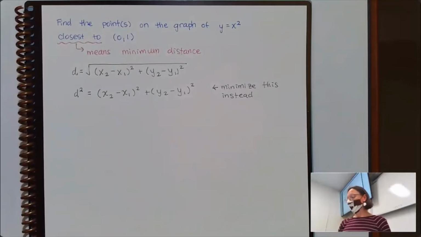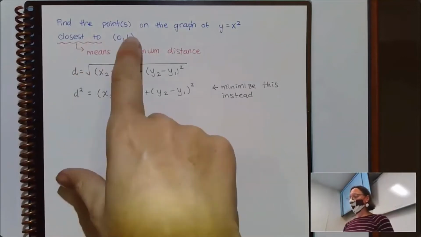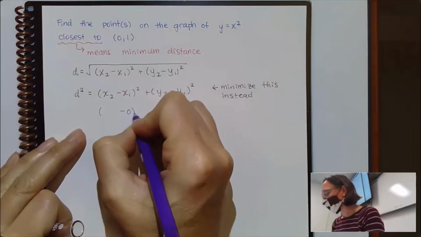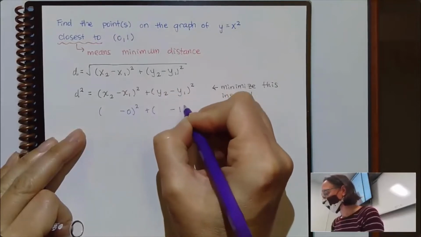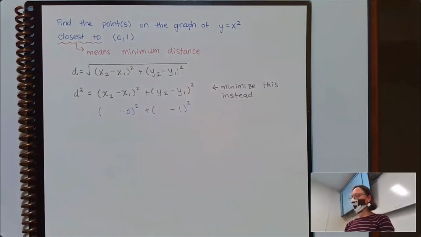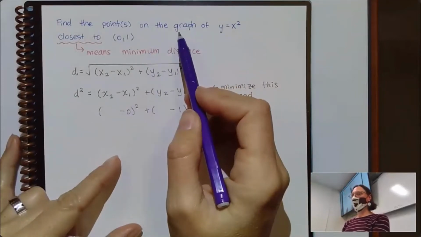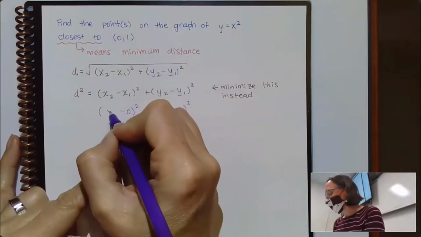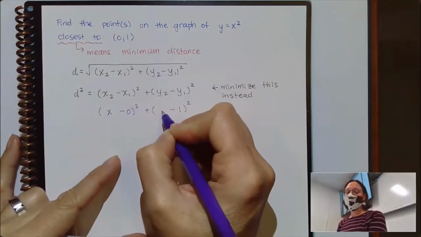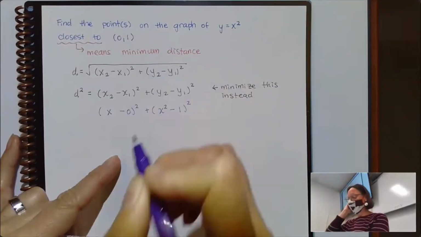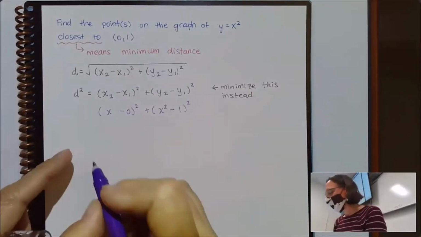So we're going to minimize this instead. We've got to put stuff in that we know. So we know that one of our points is (0, 1), so I'll put in a 0 and a 1. And then essentially our other point is just some XY coordinate on this graph. I could put this in as X and Y, but if it has to be on the graph, then I already know that Y is equal to X squared.